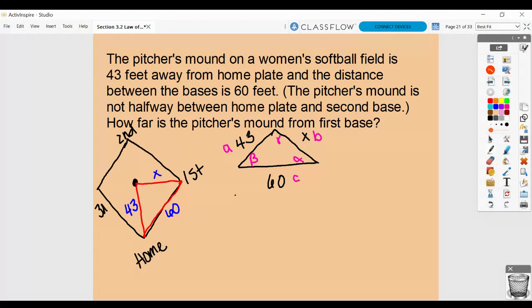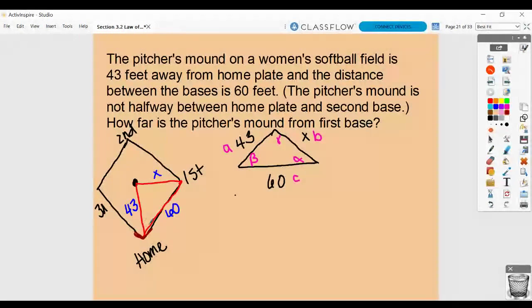And in order to find side B, we need to have angle beta. So if you look back and think about the triangles, it does end up forming a 90-degree angle right here.